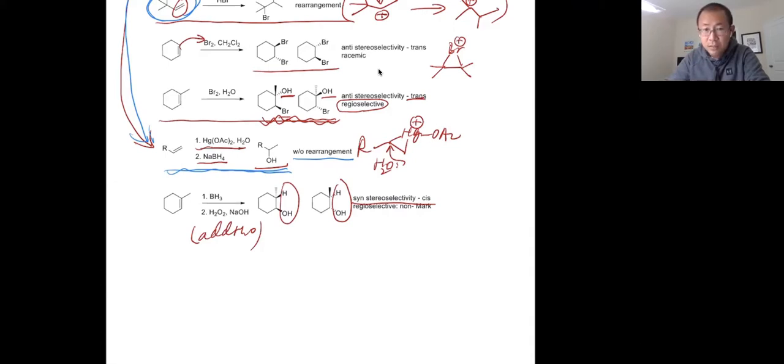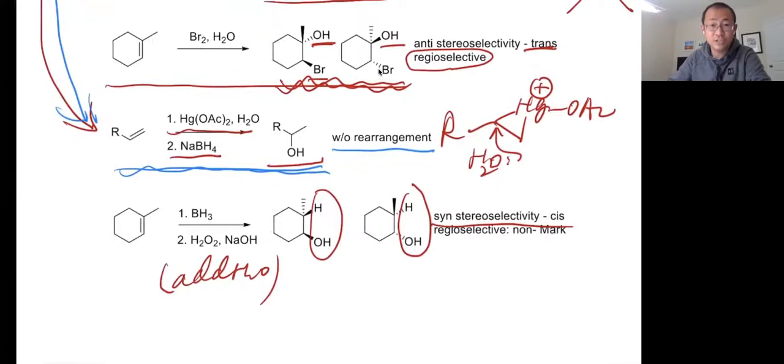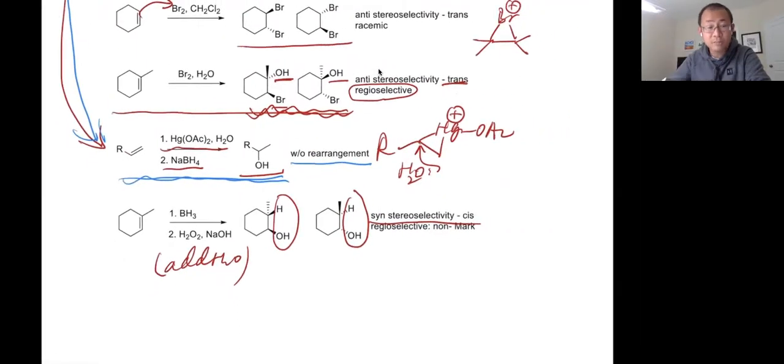Number two is OH is now added to the less substituted carbon. In the reaction right above, the OH is added to the more substituted carbon. But in this case, OH is added to the less substituted carbon. We call that non-Markovnikov product.